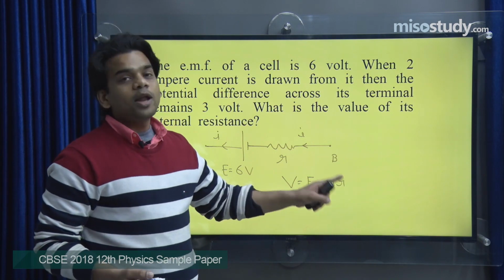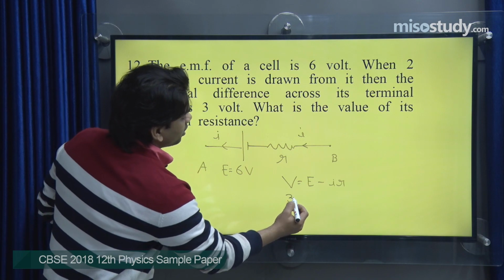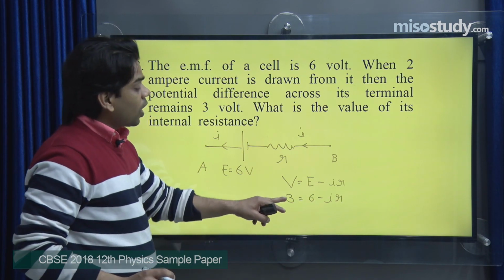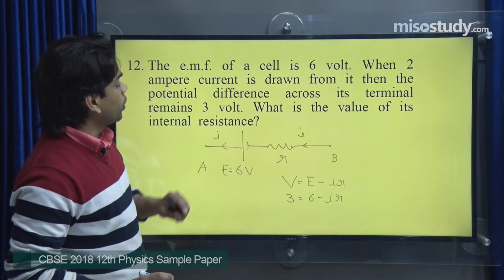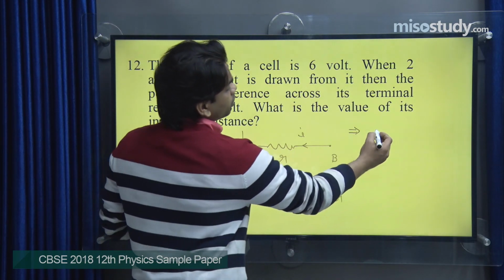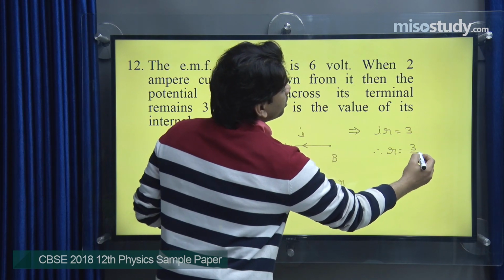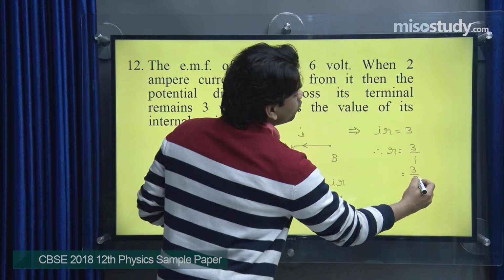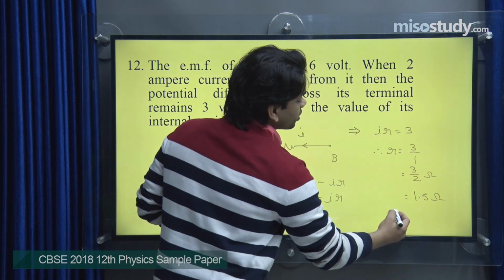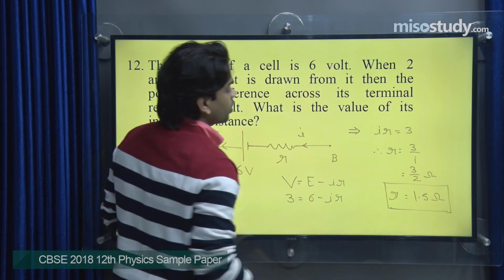Substitute all the values, you can evaluate the value of R. V is given as 3, E is given as 6 minus I into R. Now I is given as 2 ampere, which we will be substituting. Finally you will have I into R equal to 3. Therefore R comes out to be 3 by I, that is 3 by 2 ohms, that is 1.5 ohms. This is the value of the internal resistance of this cell.